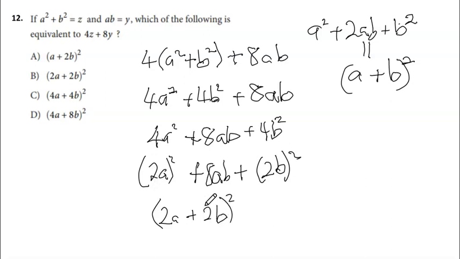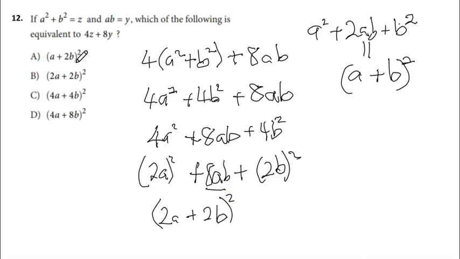And then 2B squared is going to be this. And then we have 2 times 2A times 2B. So 2 times 2 times 2 is what? 8. And then A times B is what? AB. That's this one, right?